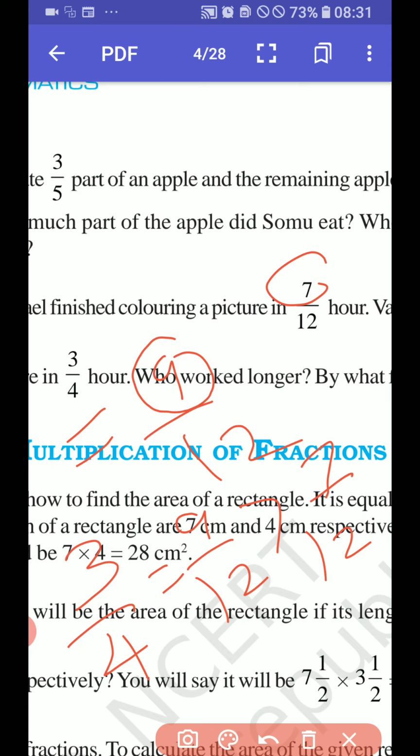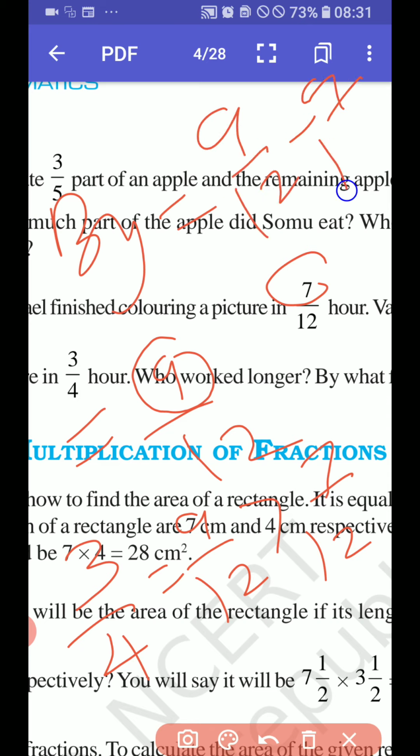By what fraction? Means you will subtract 7 upon 12 from 9 upon 12, equal to 9 minus 7, 2 upon 12, means 1 upon 6, right?